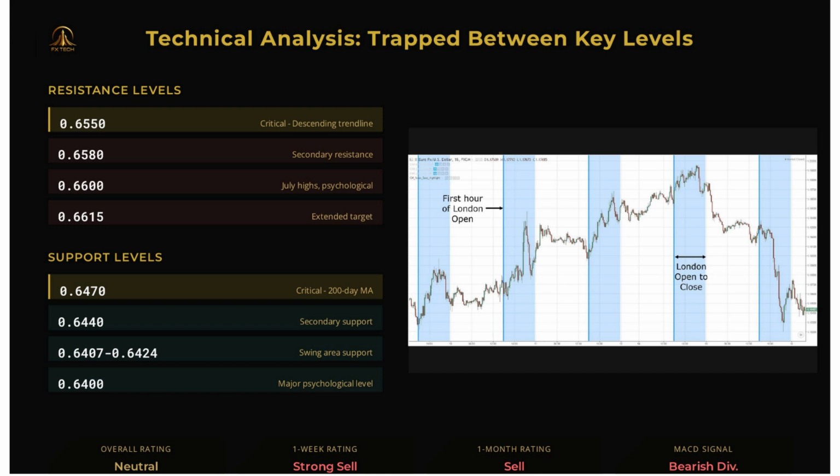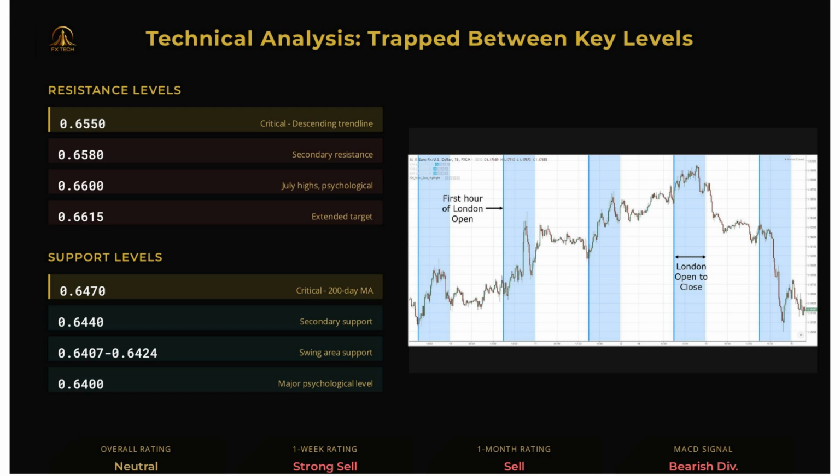This level has held multiple tests and represents the line in the sand for bulls. Secondary support at 0.6440 offers additional cushion, with the swing area between 0.6407 and 0.6424 providing deeper support and the major psychological level of 0.6400 as the ultimate downside target.